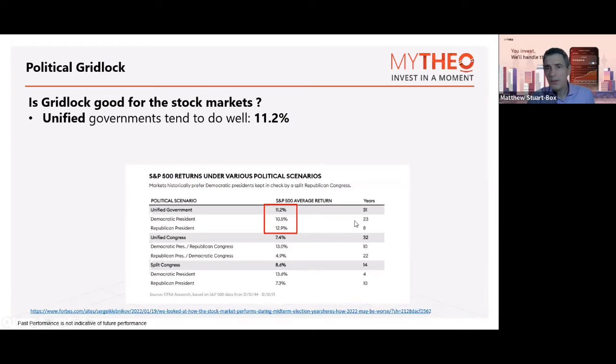What you can see, however, is this only occurs out of this total sample. This is a sample of what, 70, 75, 77 years. This only occurs less than half of the time. So for more than half of the time, there's some kind of split between the presidency and Congress.